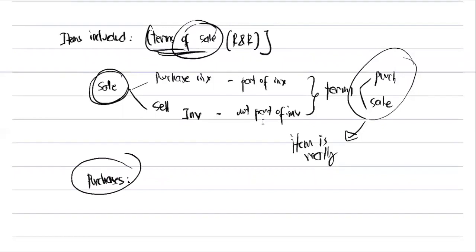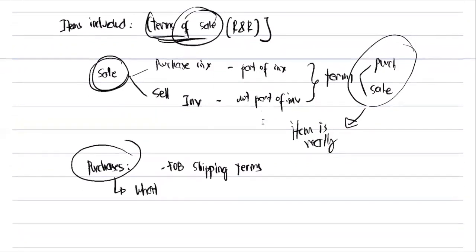Terms on purchase. So the general terms in your purchase are your FOB shipping terms. So the main determinant here is what inventory must be included while the goods are in transit.